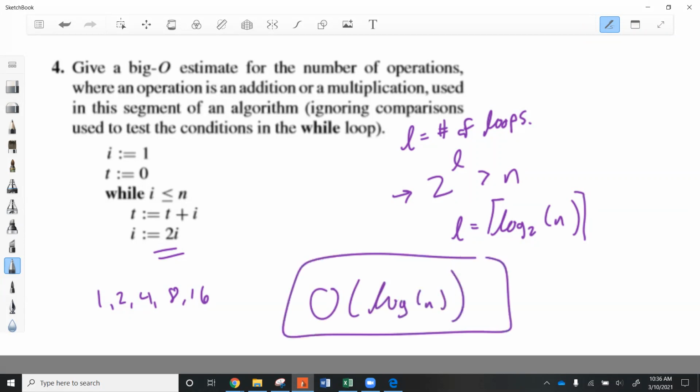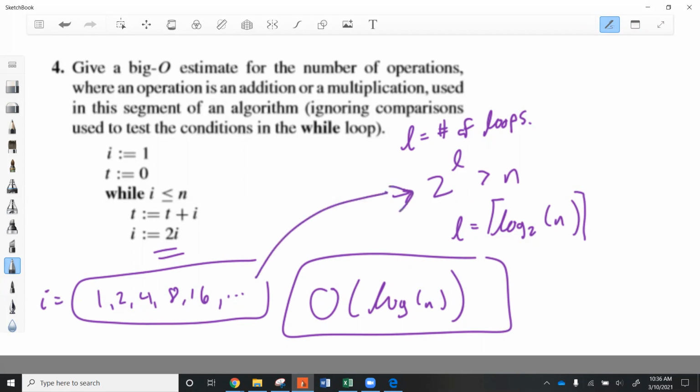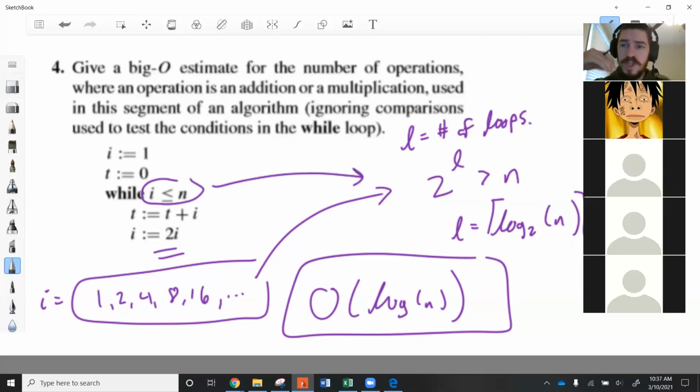So where did that 2 to the L come from then? It comes from this idea down here, that the value of i is doubling, right? So what you want to do, it comes from that along with this. You want to look at which power of 2 is going to get bigger than n.